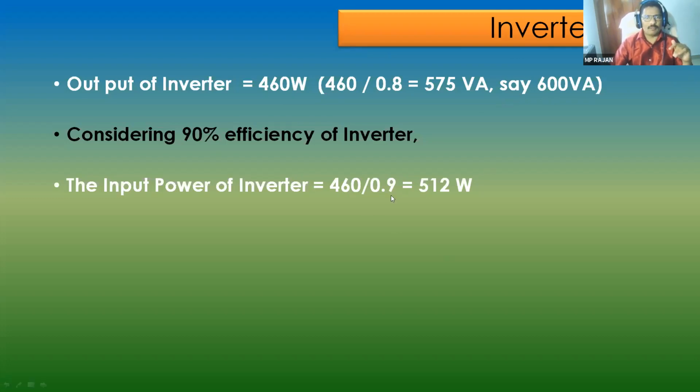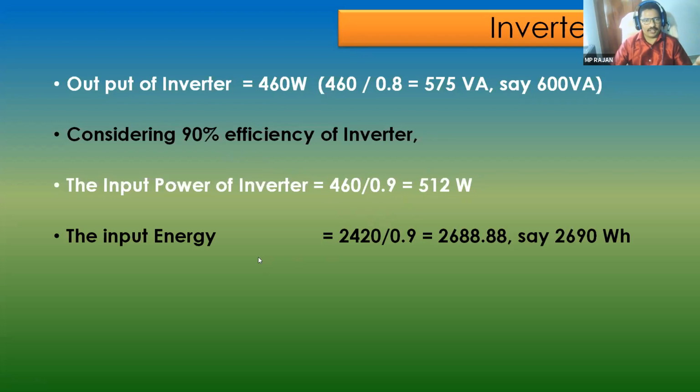Now come to the input side. This is the input power. So for your input, just consider 90% efficiency. That means your output is 90% of input. In that case, 460 by 0.9, 512 watt is the input power requirement. As far as the load energy is concerned, already we have calculated 2420 divided by the efficiency factor.